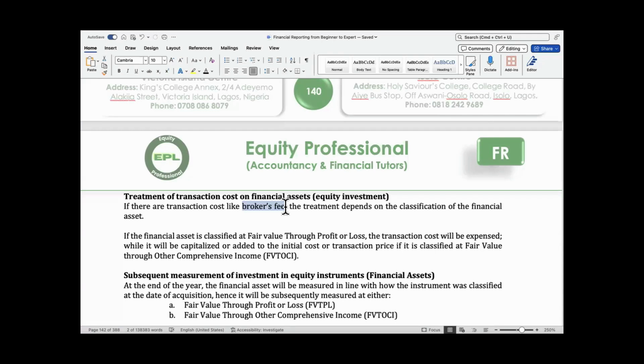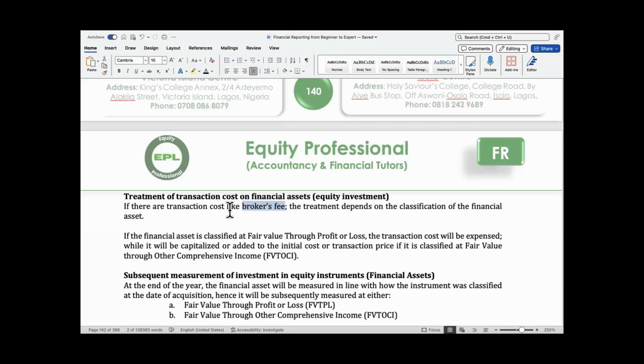Maybe you bought it from the stock exchange, they will charge you. They have their fees. So all of these fees that you pay, in addition to the cost of investment, how would you treat it?